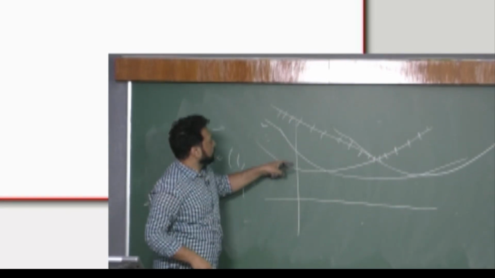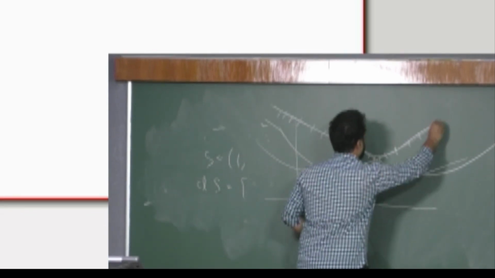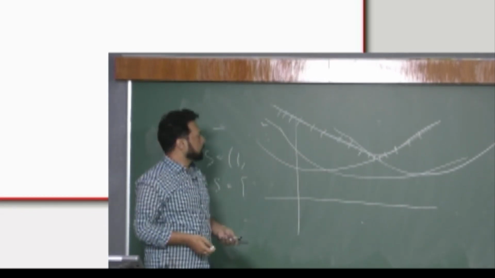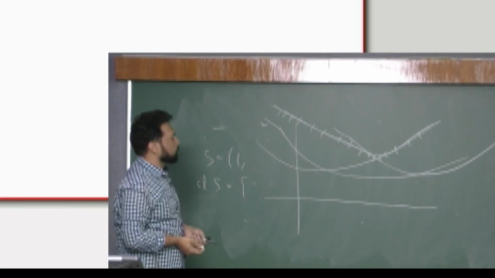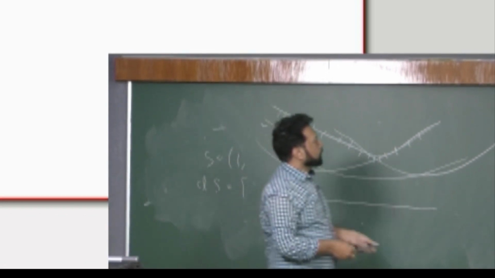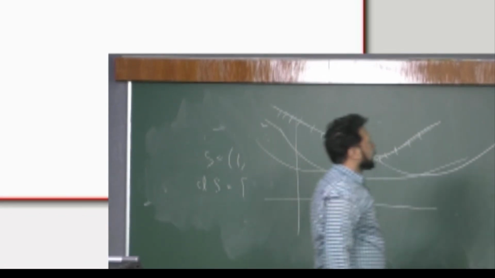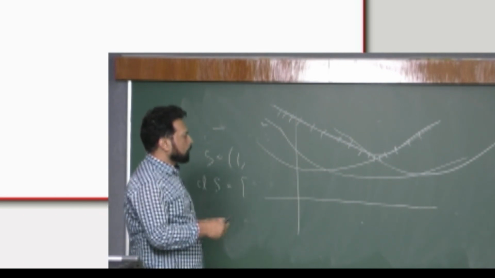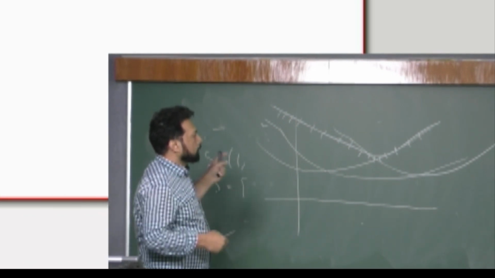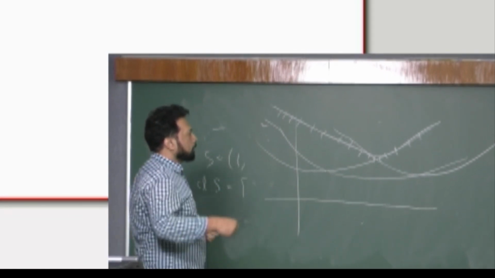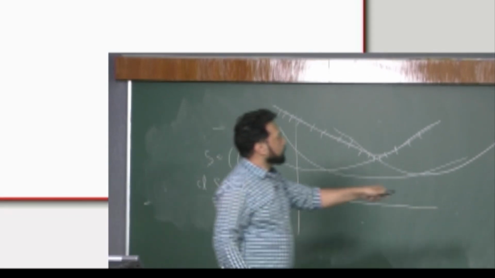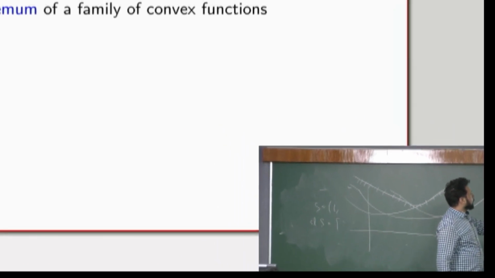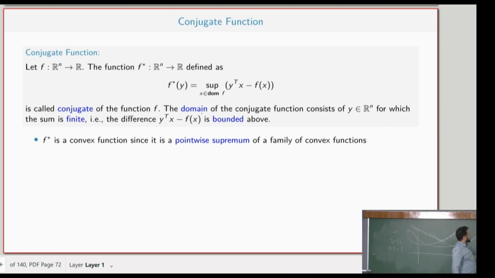So the supremum is this curve, which is still convex. So the supremum of a set of convex functions is convex. In our case, these are actually linear in y. I'm taking the supremum over all x. Pick one x, it's some linear function in y. Pick another x, it's linear, because f(x) becomes a constant. Once x is fixed, x is a number and f(x) is a number, so this is only a function of y.